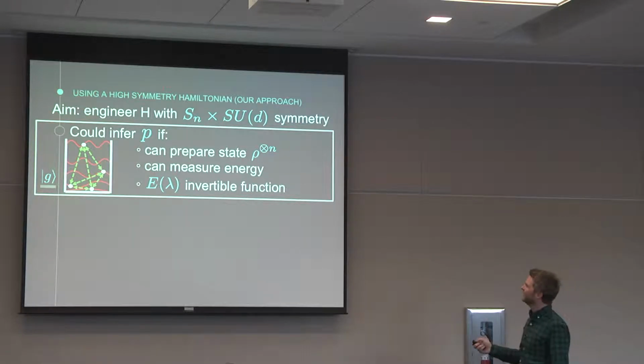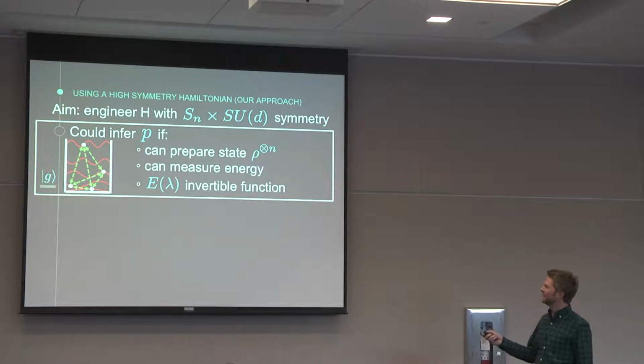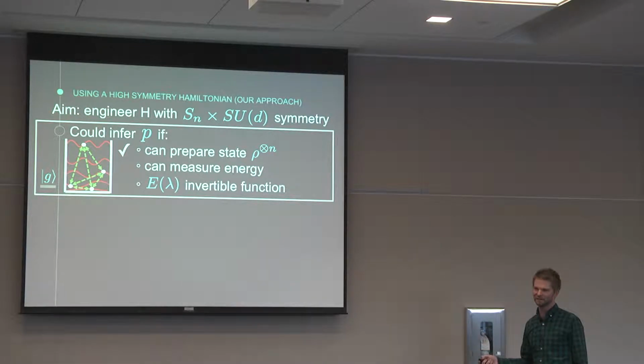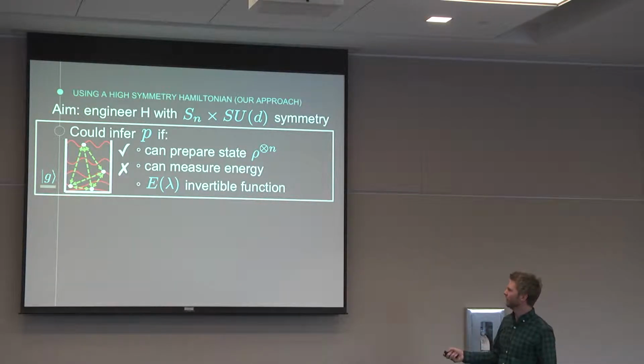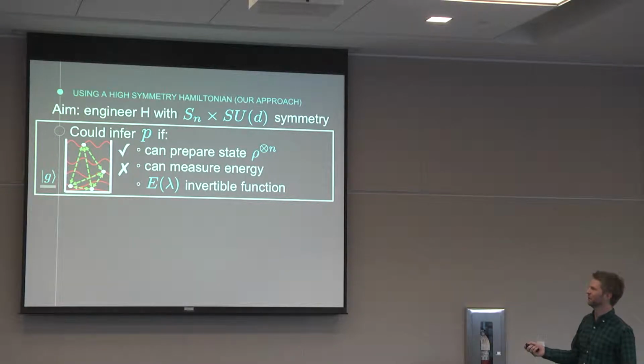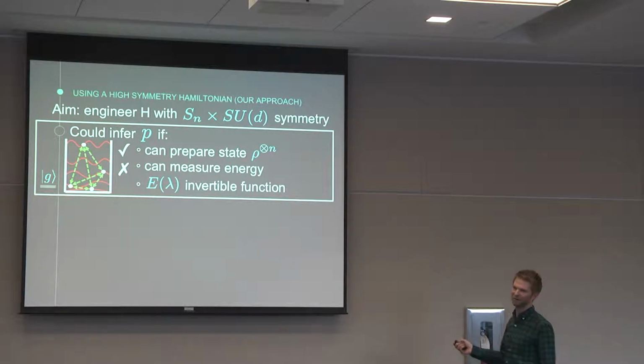And it is indeed a Hamiltonian with S_N cross S_UD symmetry, and it should be experimentally realizable, and it should be possible to prepare the initial state that we desire, so that's good. However, there's no reasonable way to measure the energy in this system. And also, it turns out that you can solve the Hamiltonian I wrote down, and it is not invertible. So there are multiple irreps with the same energy.